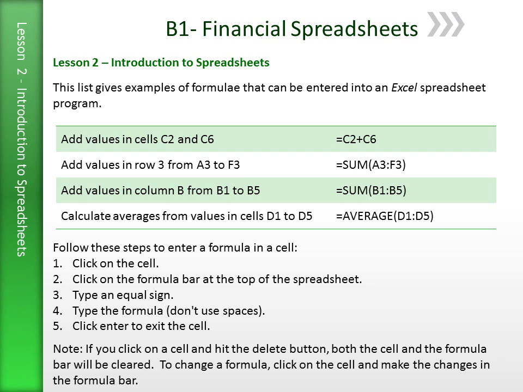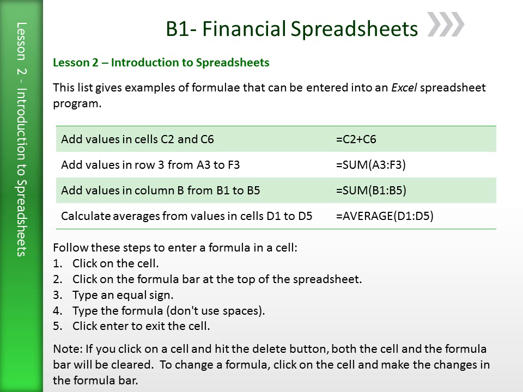This list gives examples of formulas that can be entered into an Excel spreadsheet program. If we wanted to add the values in cells C2 and C6, we would type in equals C2 plus C6.